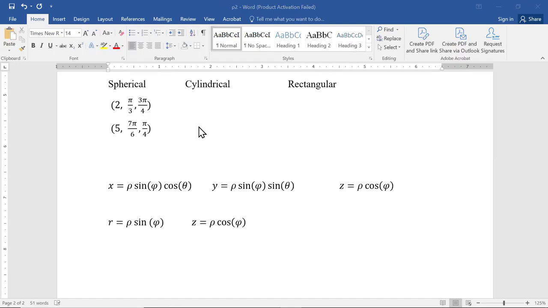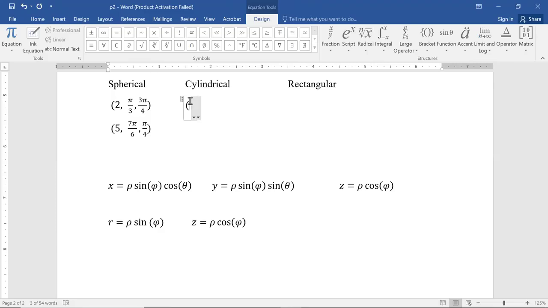So I pulled up the x equals rho sine phi cosine theta, y equals rho sine phi sine theta, z equals rho cosine phi. And then with cylindrical, it's r equals rho sine phi, z equals rho cosine phi. And so if we're doing cylindrical coordinates, the r is going to be 2 times sine of phi.